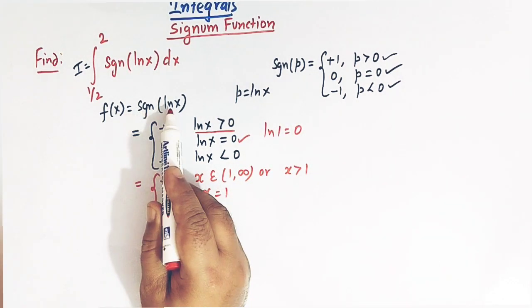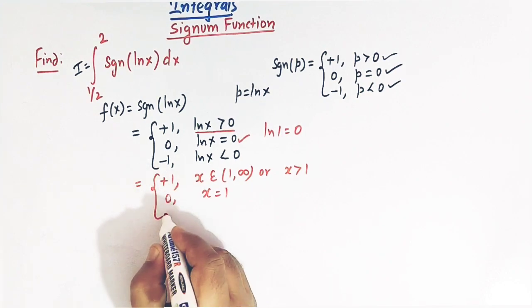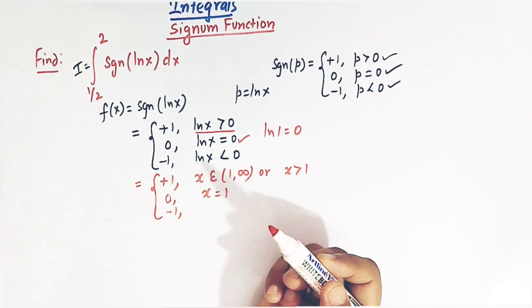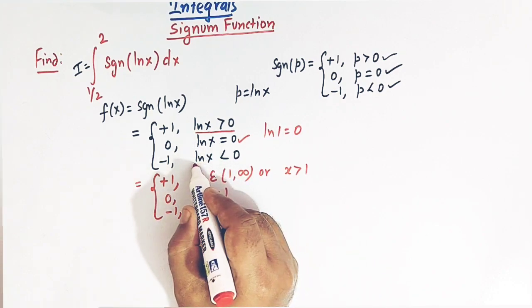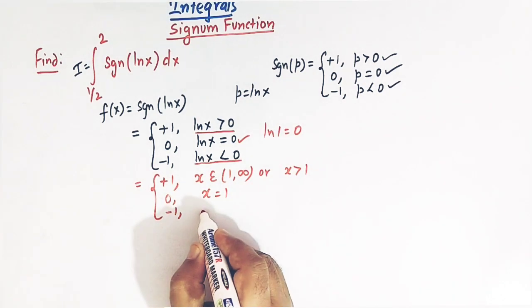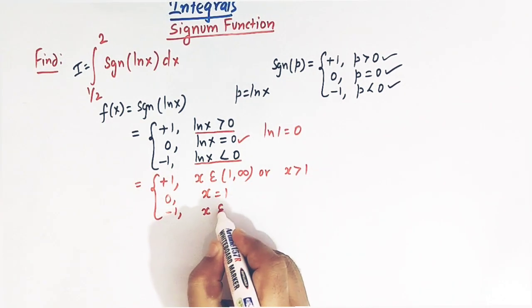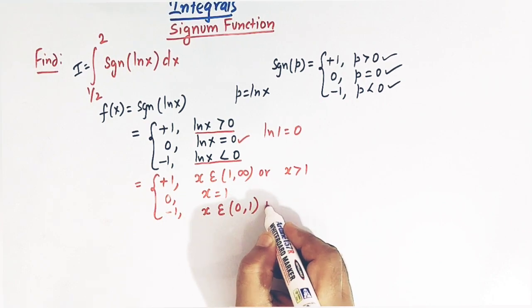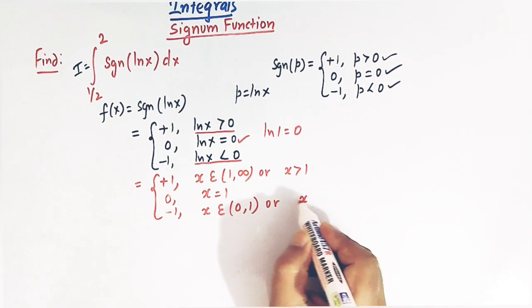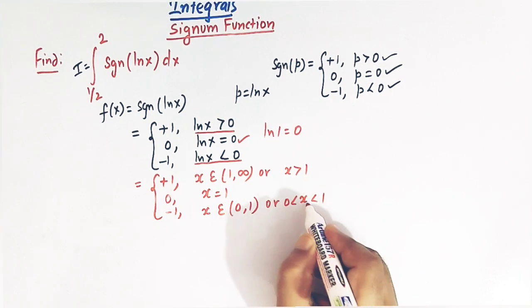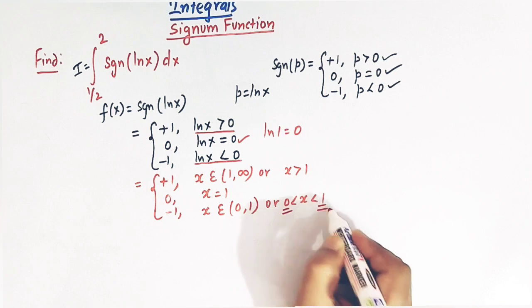And signum of log of x is negative 1 when log of x is less than 0. The logarithm of x is less than 0 whenever x belongs to the interval 0 to 1, or in other words, when x is greater than 0 but less than 1, or x lies between 0 and 1.